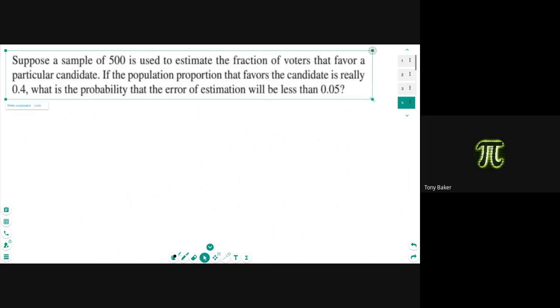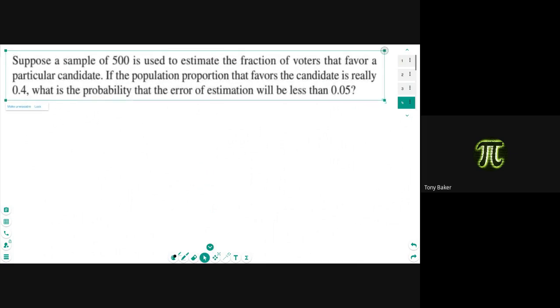All right, let's do this one. This is a little different on how it's worded.